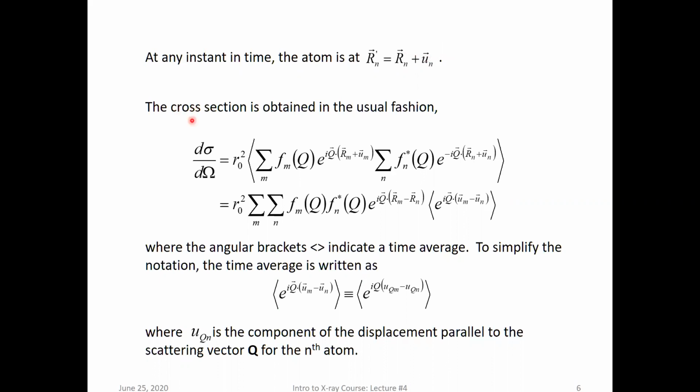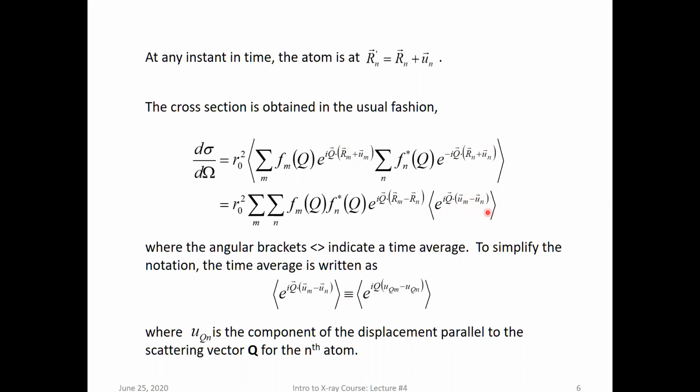We get the scattering cross section the usual way. We just put F times e to the iQR, but instead of using R, we use R plus U. We just substitute it in, and there's angular brackets indicating a time average or an ensemble average. To simplify the notation, I have this kind of ugly looking thing up here where I have a vector dotted into the difference of two vectors.